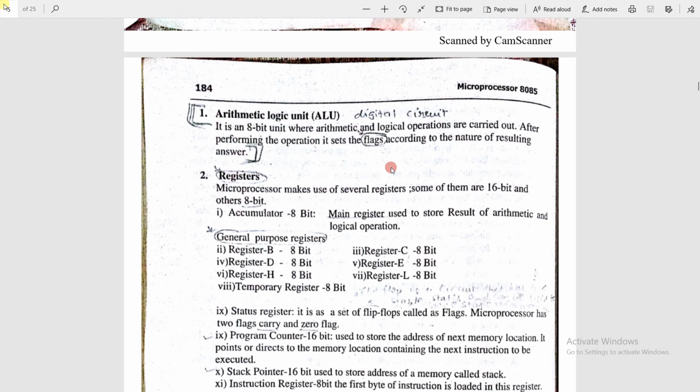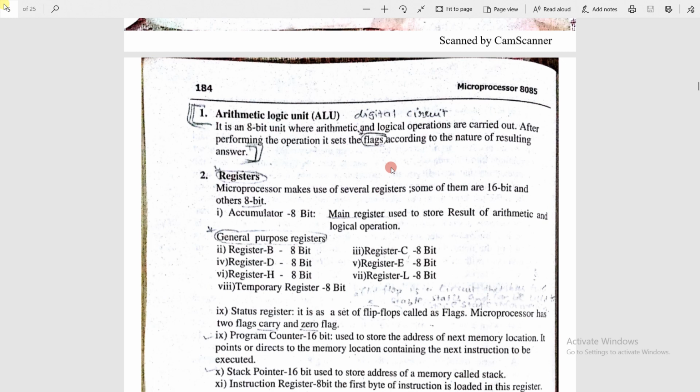If my answer is 0, then Z flag is set to 1. That means the processor will come to know that the result of the operation is 0. So arithmetic logic unit is an 8-bit unit where arithmetic and logical operations are carried out. After performing the operation, it sets the flags according to the nature of the resulting answer. Now I hope you understood.